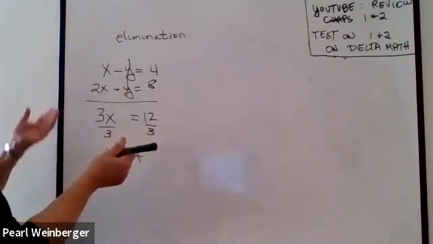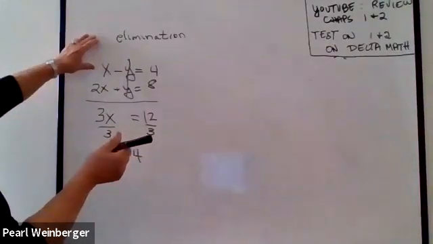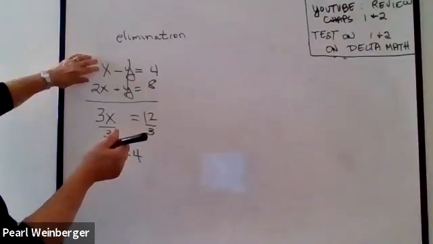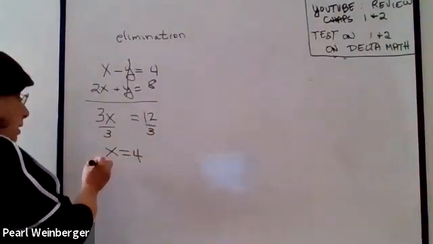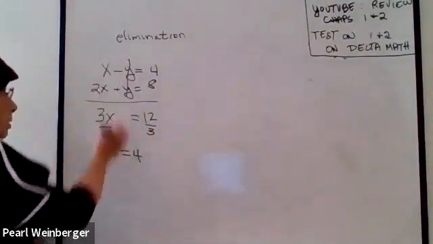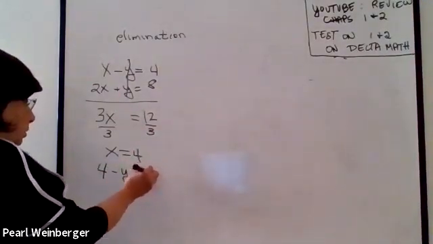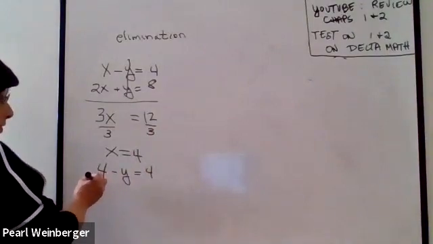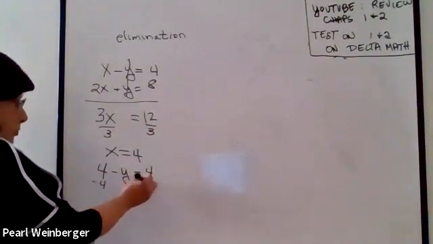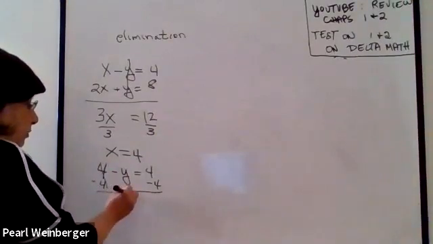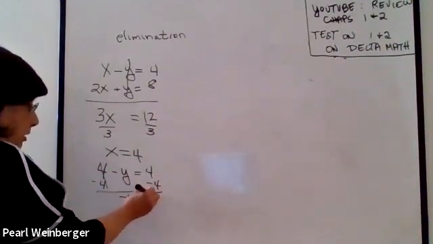So what I do is I go back to one of my original equations. It doesn't matter which one. Let's say I do the first equation. I'm going to do 4 minus y, because I don't know what the y is, equals 4. Now I'm going to solve this equation. I'll subtract 4 from both sides, which will give me negative y equaling 0.